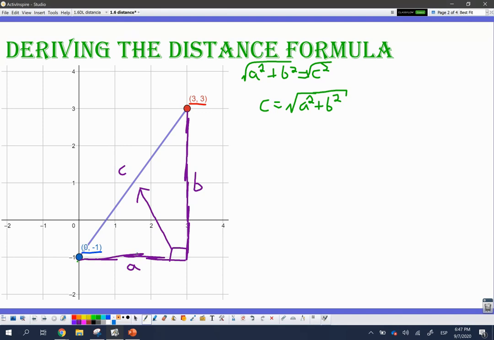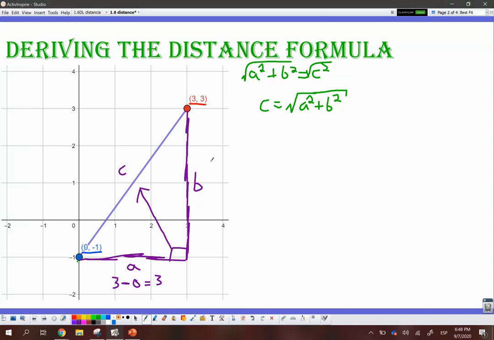Let's take this for example. If I want to find the horizontal distance between the blue point and the red point, well, I'm going to look at their x coordinates. So the bigger x coordinate here is 3, and I have 0 on my other x coordinate. So 3 minus 0 is 3. Now I can do the same thing for my vertical segment.